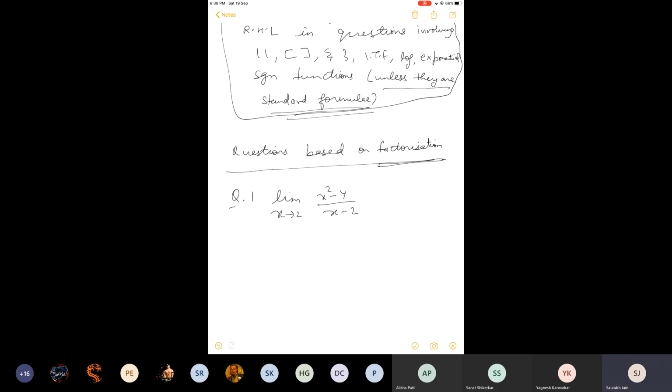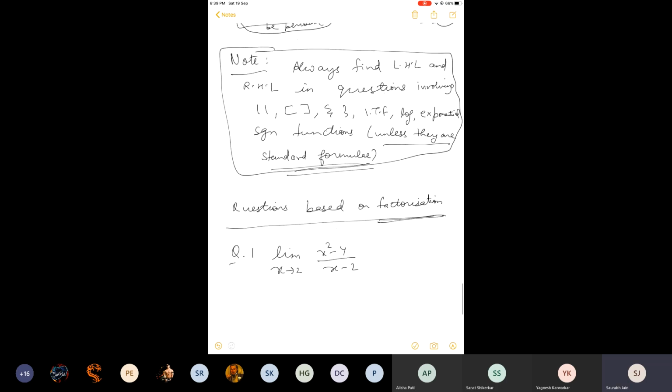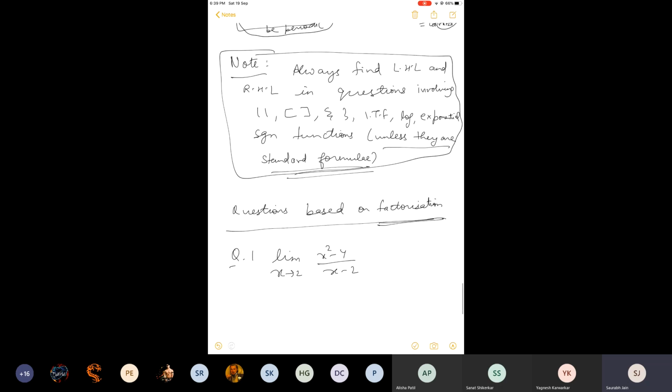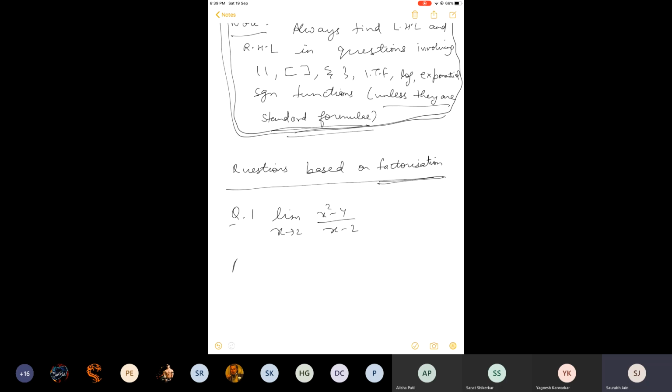Now I am going to solve it by factorization. No need to find LHL RHL here. Why? Read this: always find LHL and RHL in questions involving these functions. This is purely an algebraic question. So just factorize, cancel the term leading to indeterminate form, and that will give you the answer. Easiest method for any question.